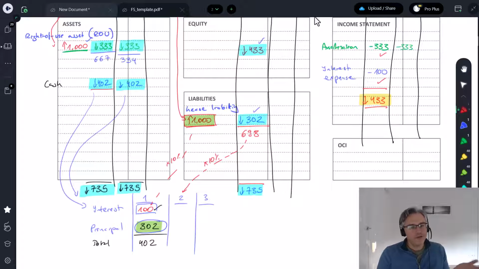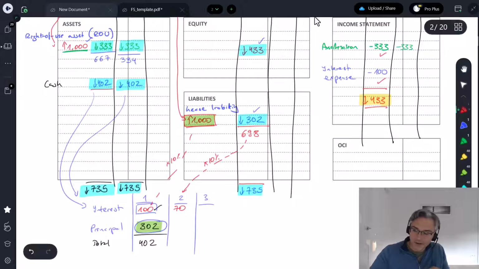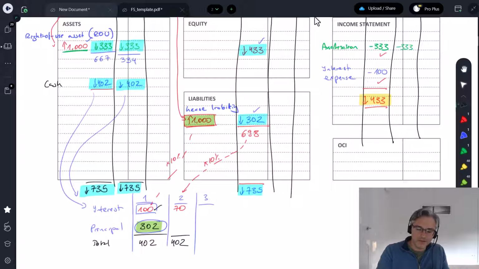In theory, I should write 69.8, but I can't be bothered with the little bit after the decimal point, so I'm just going to say over here 70. Rounding it up a little bit. The goal is to account for the entire payment of cash, which is 402. And the only way to reconcile this is to say, well, this time around the principal element must be equal to 332.